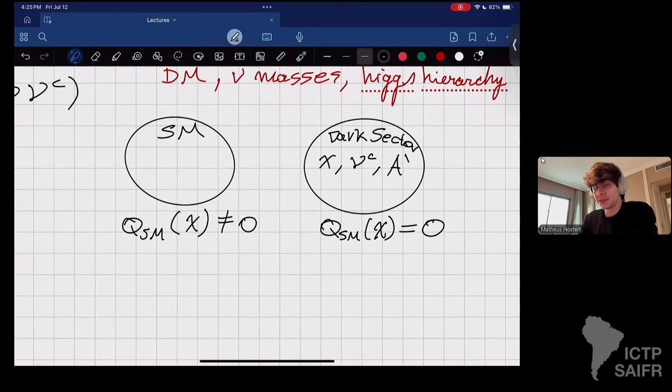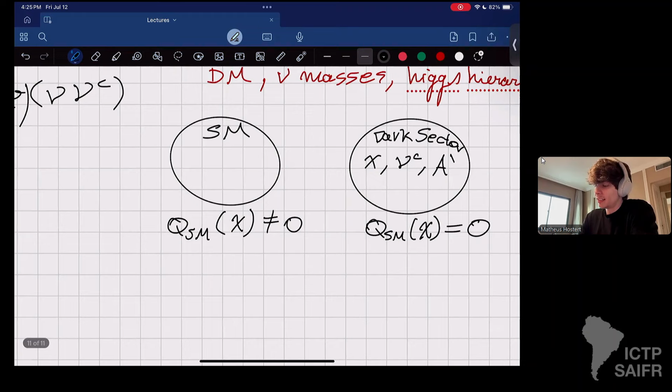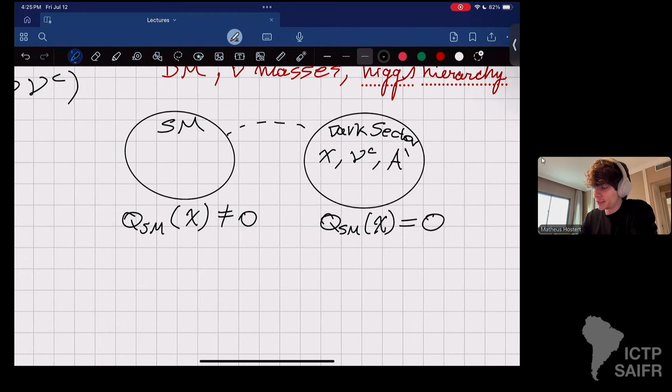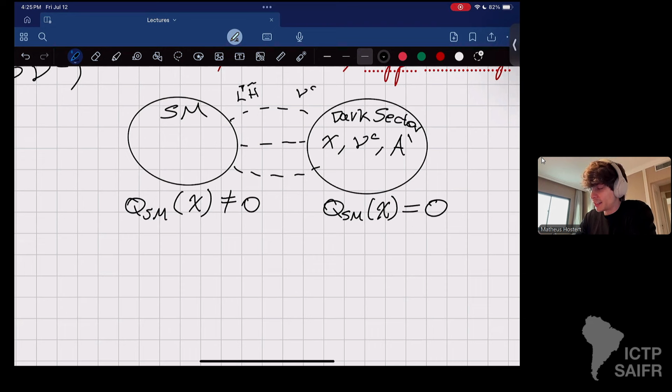But you can still, through the use of portals like this one that we discussed, couple these two sectors. So in particular, the use of the LH tilde with nu C gave rise to all of that phenomenology and neutrino mass story that we were discussing. But there are other options, and we're going to talk a little bit about that before the end of this talk.